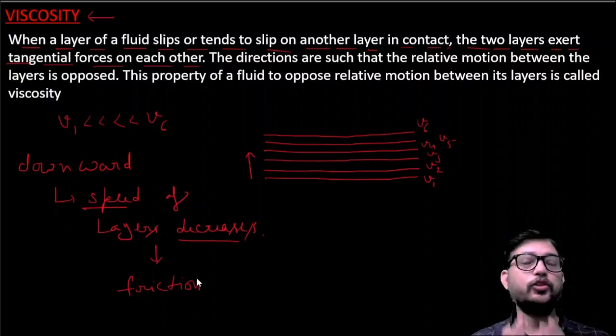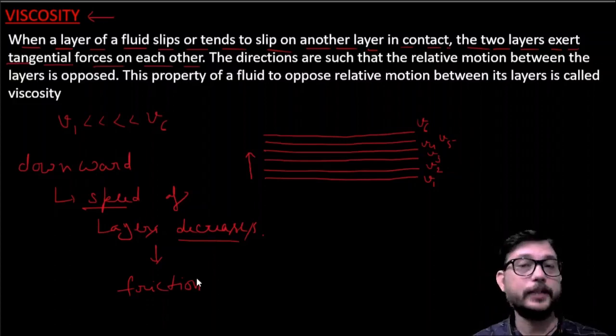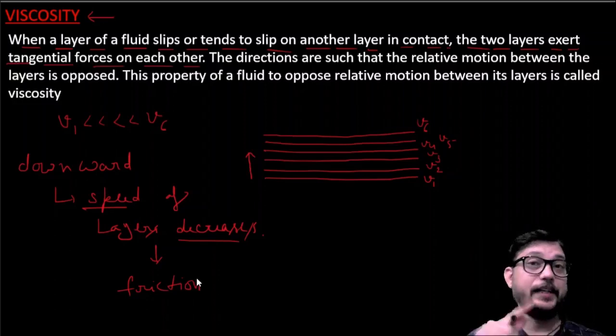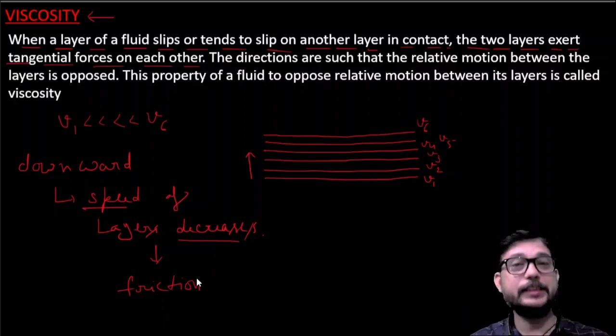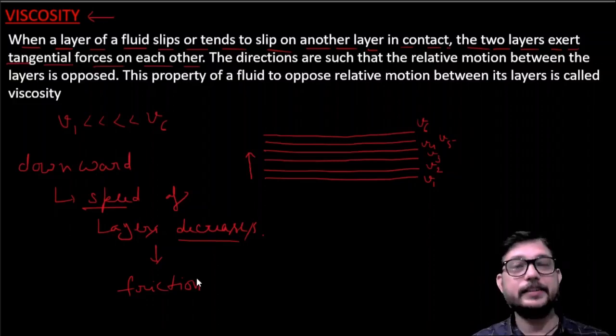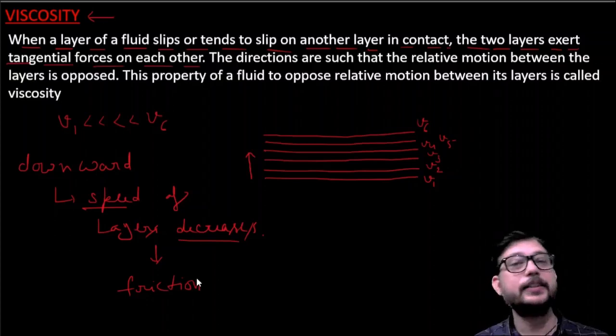In this way we can simply say that there is friction between the layers of the fluid. That friction, which is in between the layers of the fluid, is the viscous force, and the property is viscosity.